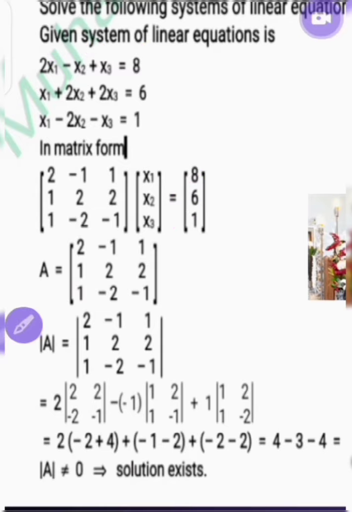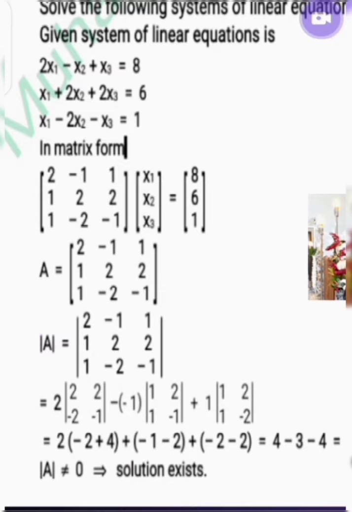Now, on the equal side there are three numbers. We will write in a column 8, 6 and 1. If we multiply the matrices, you know the rule of multiplication of matrices, the row will multiply with the column. If we multiply the first row with the first column, then we will get this equation.